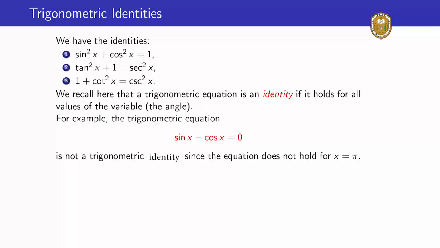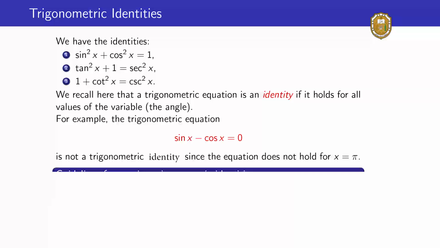If x is equal to pi, then sine x is equal to 0, cosine x is equal to minus 1, and therefore sine x minus cosine x will give you 0 minus 1, which is equal to minus 1, not 0. So this equation doesn't hold when x is equal to pi, and therefore it is not an identity. So to show that a given trigonometric equation is not an identity, just find one value for which the equation fails. Then conclude that the equation is not a trigonometric identity.